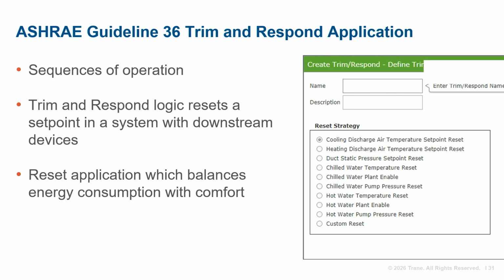This logic is particularly effective for controlling a single variable influenced by multiple zones, such as the static pressure setpoint in a VAV air handler. It is simpler to tune than traditional control loops and offers rapid responses without high-frequency disruptions, balancing energy consumption with comfort. Let's explore how trim and respond functions.